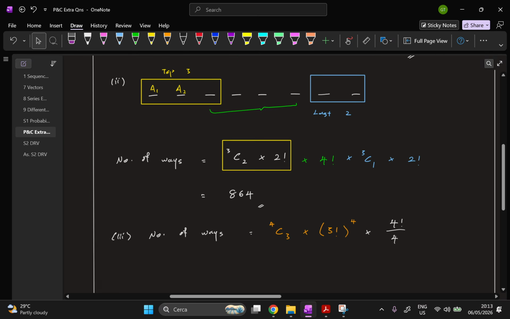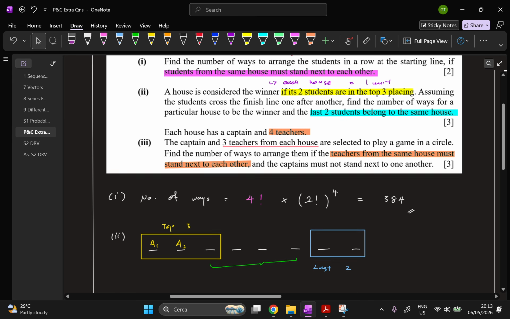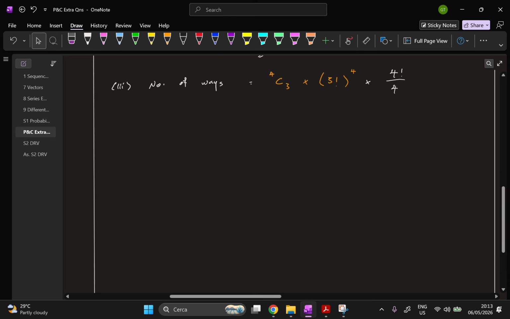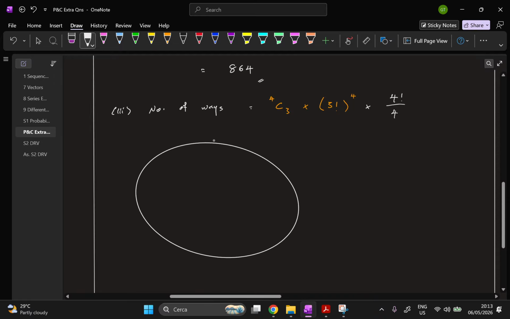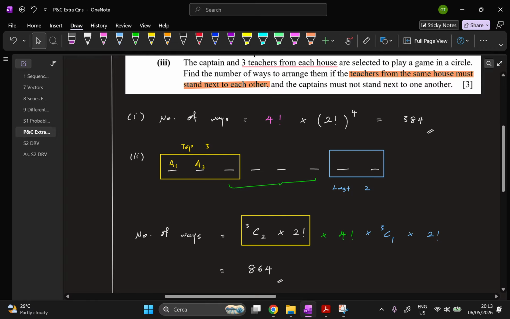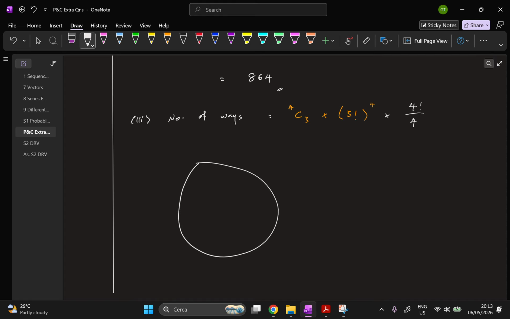And then finally, the captains are misbehaved, so let us slot them in. If you notice, I don't have any other colors, do I? No, I don't think I do. Okay, that was a very ugly circle. Let me redraw my circle, and then I will show you what I mean.